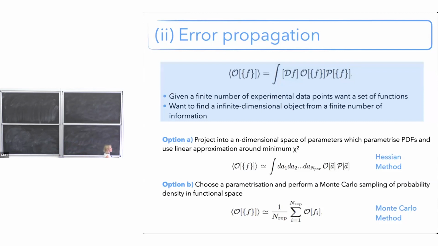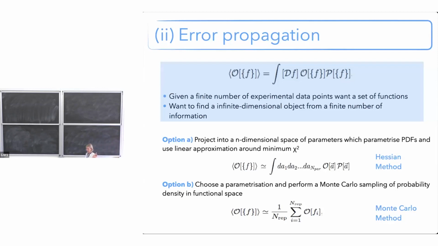At that point, finding the probability space in the functional space is just finding the probability for the parameters. So you find the best fit for the parameters and the uncertainty for the parameters, and then you're done. Then you have defined the PDF uncertainty. It's just an uncertainty on a set of parameters, all right?